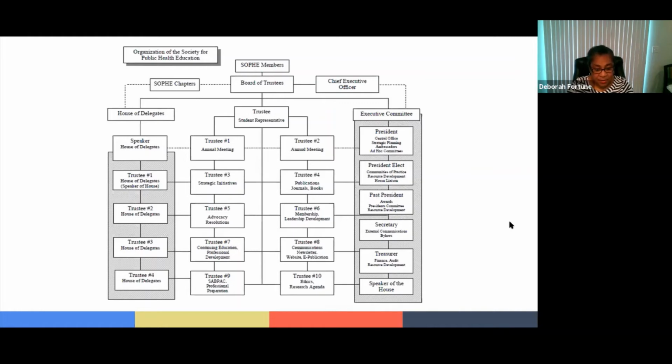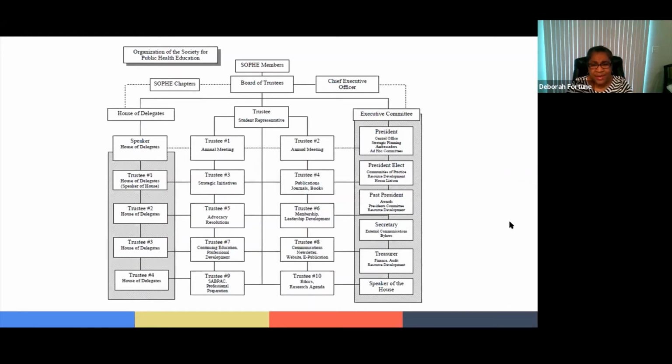The CEO of the organization really functions as staff of the BOT, what we call the Board of Trustees, and is an ex officio member of both the board and the Executive Committee. So this is basically our operation chart.